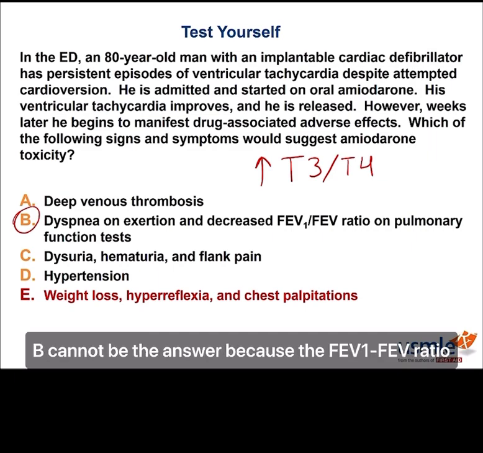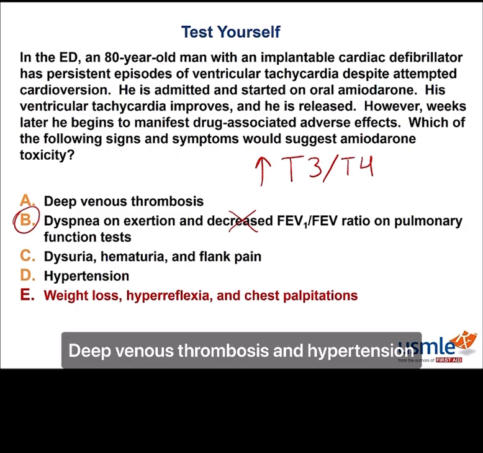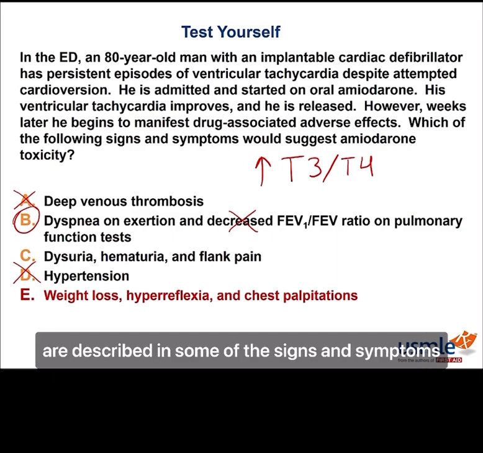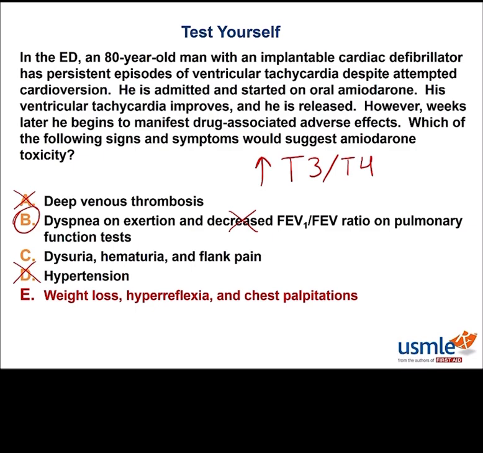B cannot be the answer because the FEV1/FVC ratio would actually increase, not decrease. Deep venous thrombosis and hypertension are not what is going on in this patient. Dysuria, hematuria, and flank pain in option C are described in some of the signs and symptoms of acute pyelonephritis, not anything related to amiodarone toxicity.